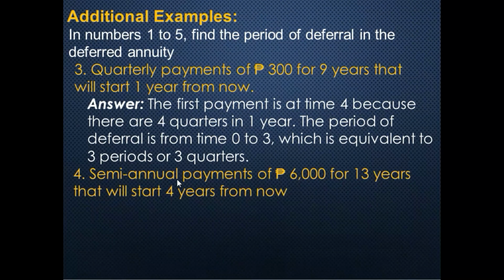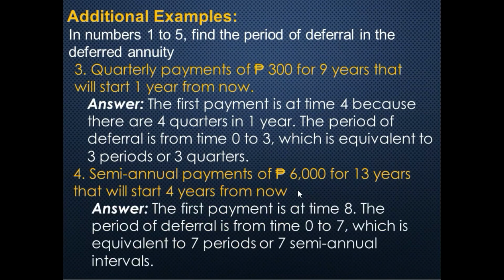Last example, we have semi-annual payments of 6,000 pesos for 13 years that will start 4 years from now. So the first payment is at time 8, since we have 4 years and semi-annual payments, 4 times 2 is 8. The period of deferral is from 0 to 7, which is equivalent to 7 periods or 7 semi-annual intervals.